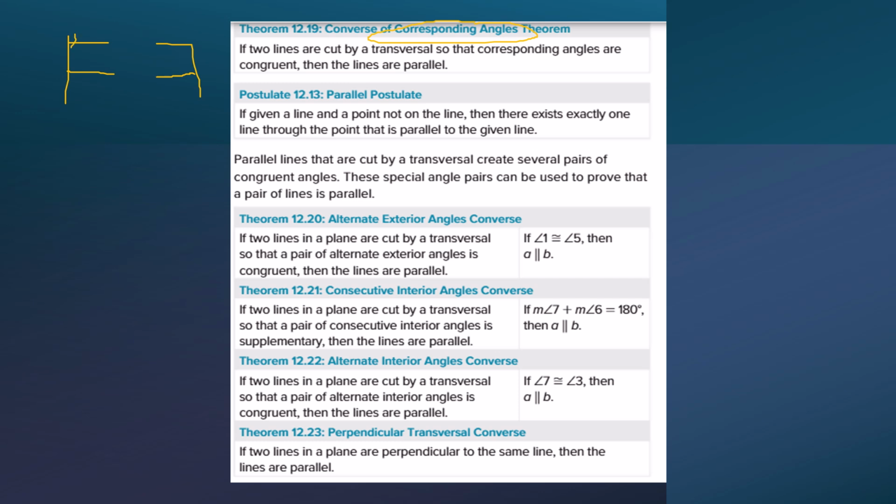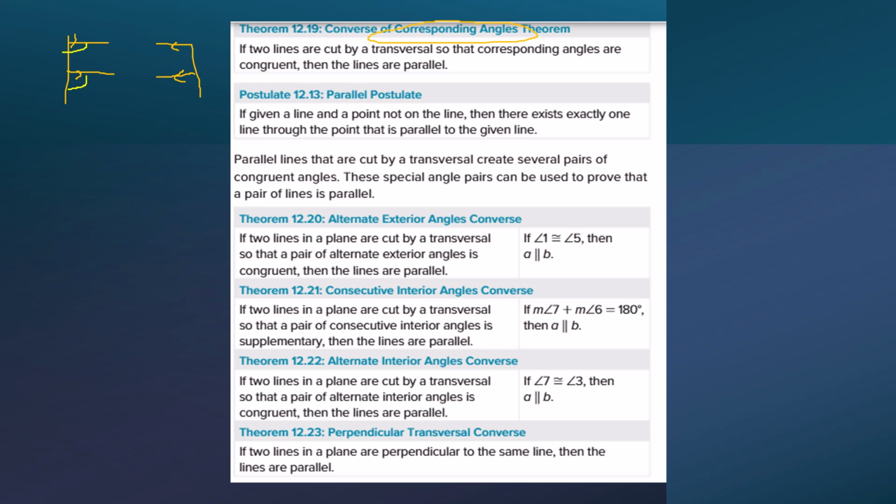Obviously these lines are parallel, right? The quick parallel sign, and the angle is formed below the line, so this angle is equal to this angle, and generally we use the letter F.